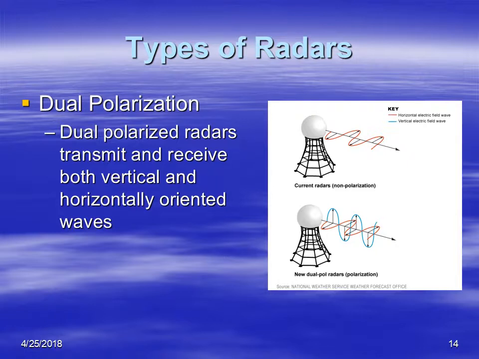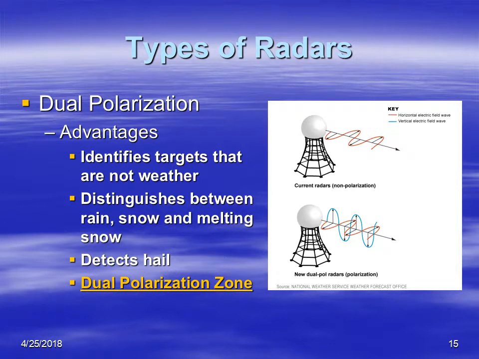So the beauty of this is that you can detect different things or different scattering, backscattering, with either the horizontal or the vertical. So in other words, the amount of radar energy coming back in the vertical may be different than the amount of energy coming back in the horizontal. And the difference in that reflectivity is a function of the shape of the target.